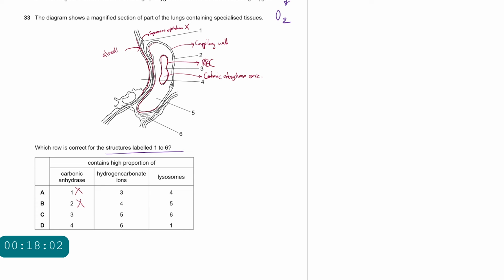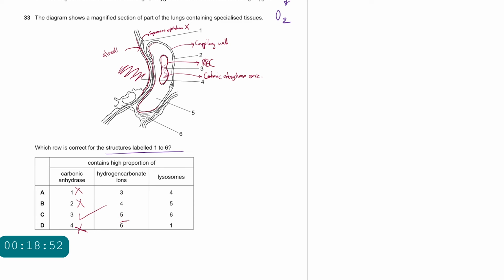For C, here we could see 3. 3 is inside the red blood cell. Definitely carbonic anhydrase is found inside the red blood cell, so this is going to be correct. And 4 is the air space inside the alveoli. It definitely does not contain carbonic anhydrase, so this is incorrect. Let's continue with C because it seems to be the only correct answer.